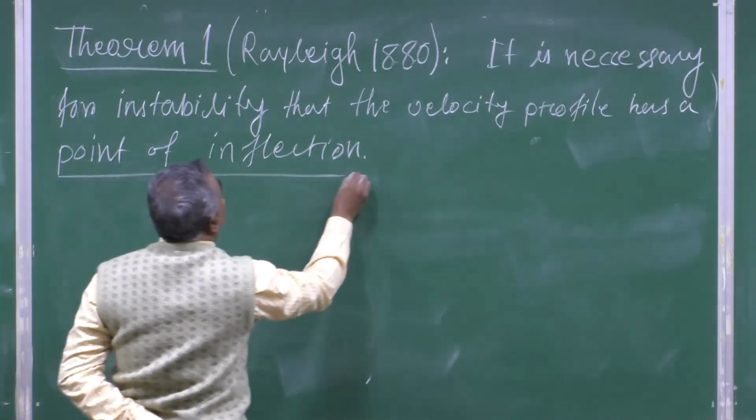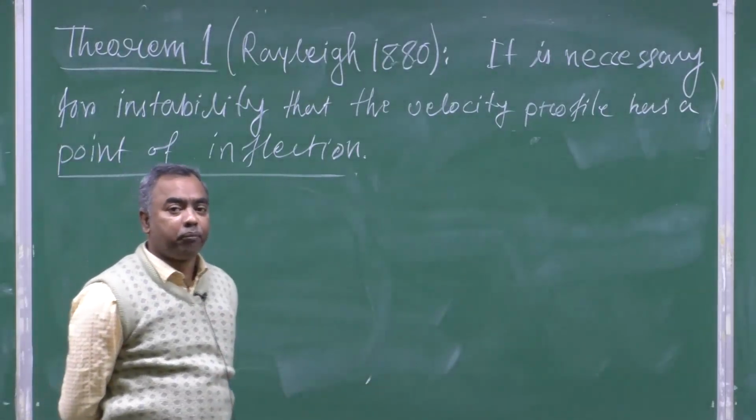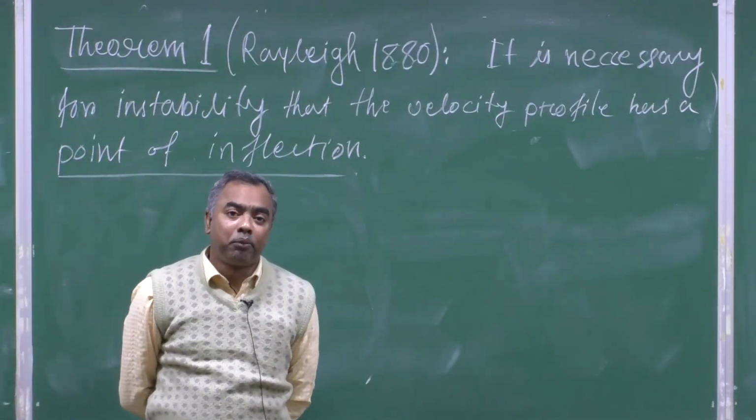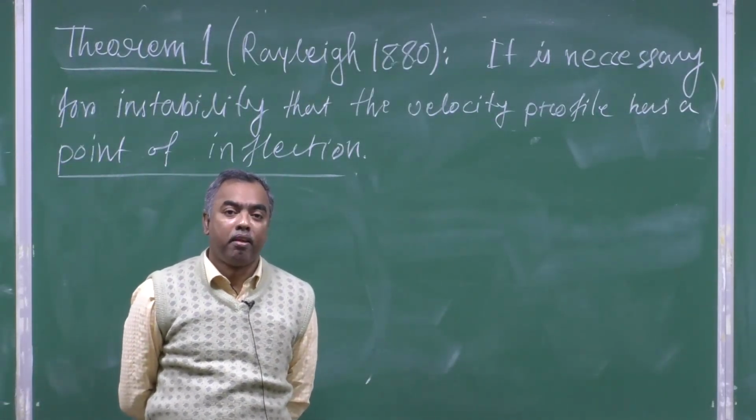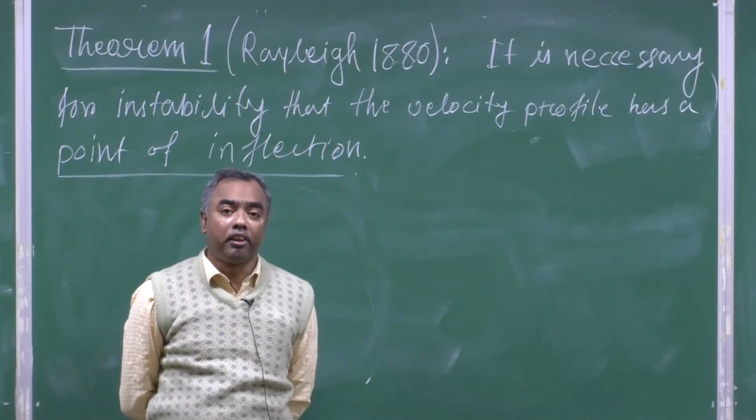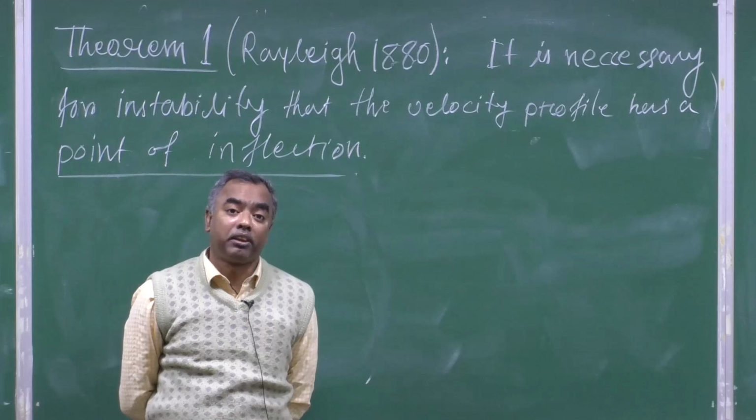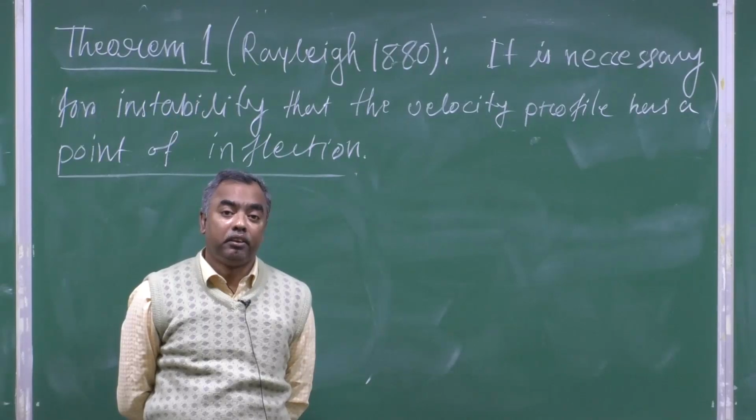What it says is, if the flow is inviscidly unstable, the velocity profile must have a point of inflection, but the converse is not true.